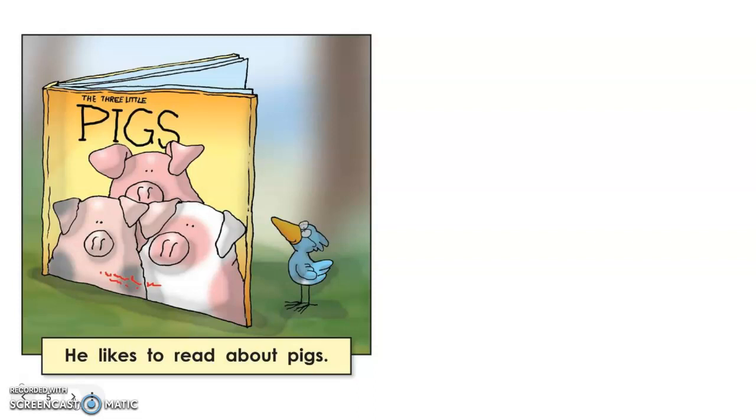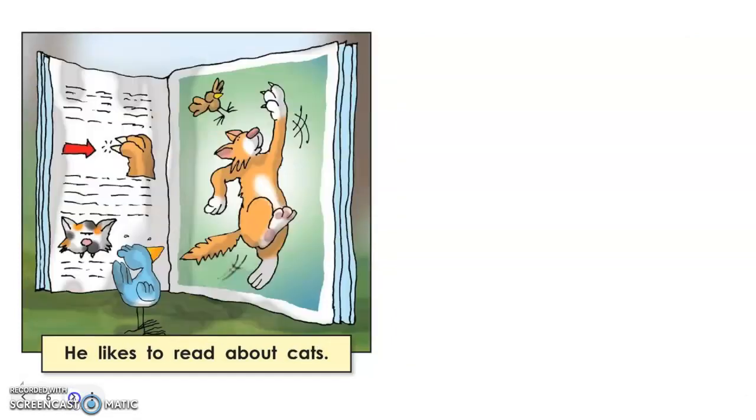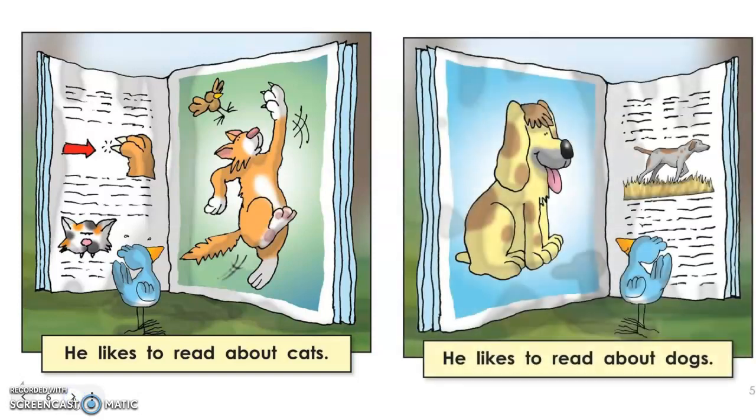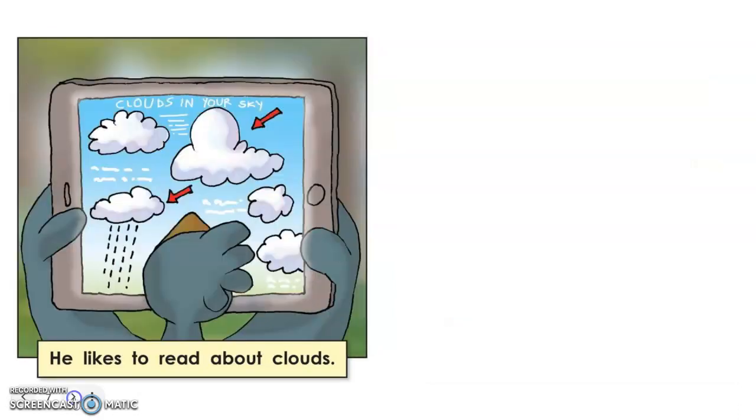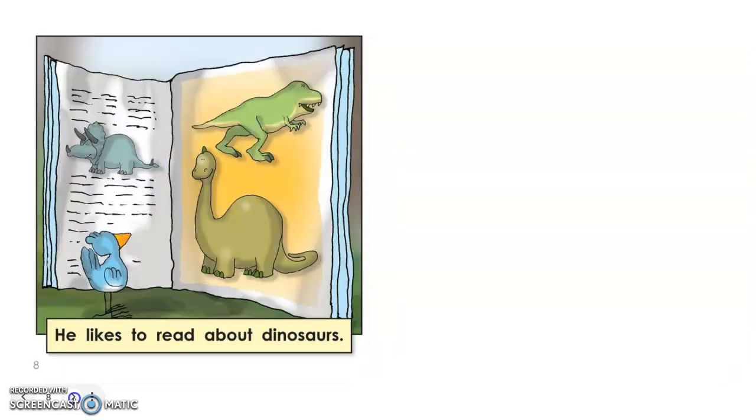He likes to read about pigs. He likes to read about bears. He likes to read about cats. He likes to read about dogs. He likes to read about clouds. He likes to read about flowers.